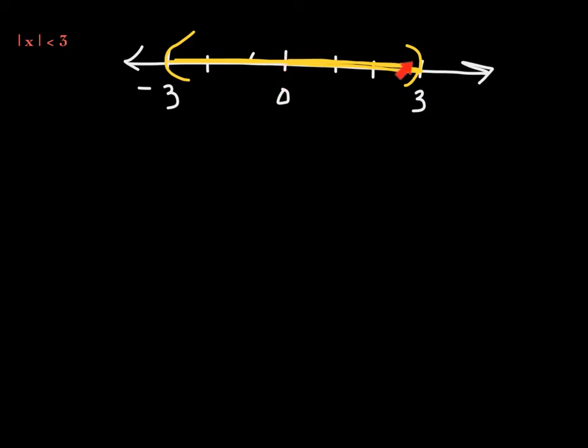This half is x is less than 3. And this part here, from 0 to negative 3, says x is greater than negative 3. That's what that says.